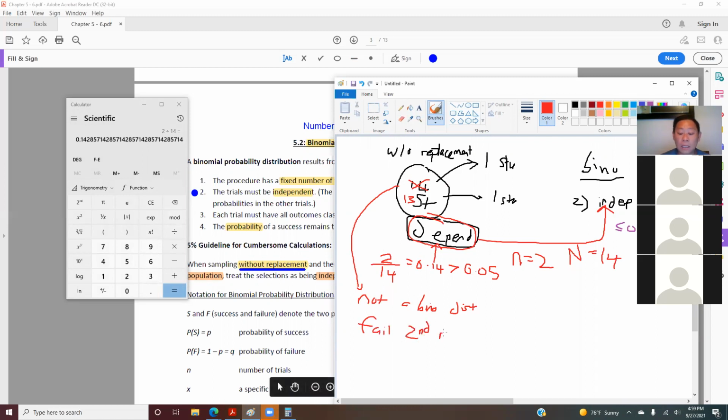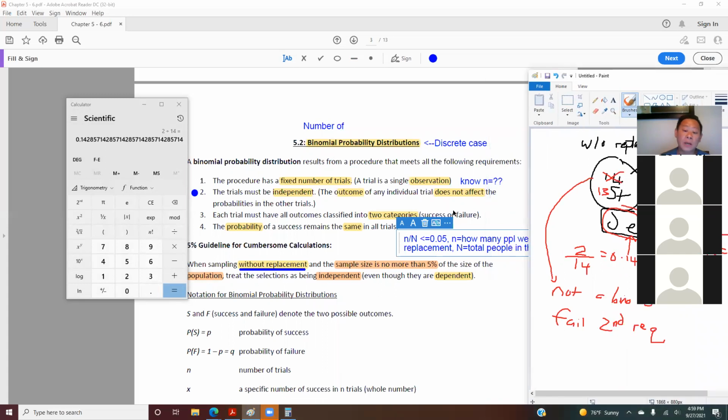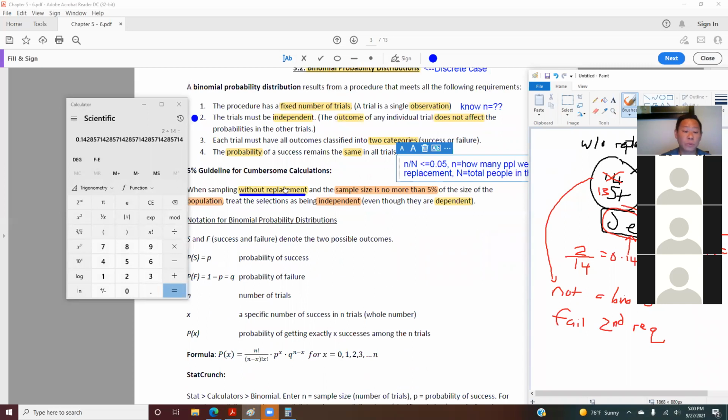So again, the keyword you need to look at here is the phrase without replacement. We take n divided by capital N, and if that is less than 5%, that is good news. Otherwise, the dependent case is when it's more than 5%. That is the meaning of the 10% rule, or rather this 5% rule.